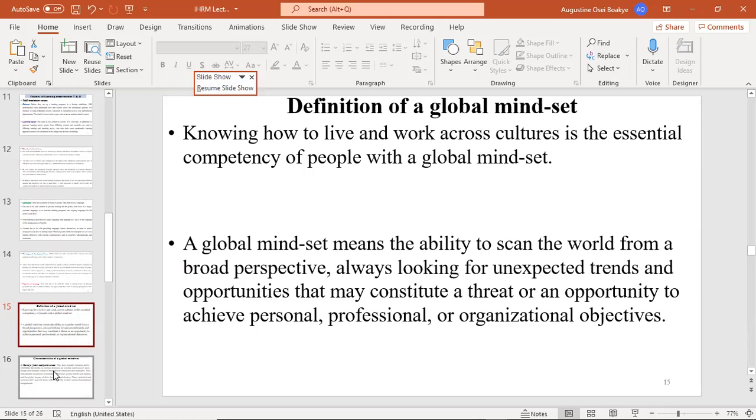A global mindset means that one has the ability to scan the world from a broad perspective, always looking for unexpected trends and opportunities that may constitute a threat or an opportunity to achieve personal, professional, or organizational objectives.